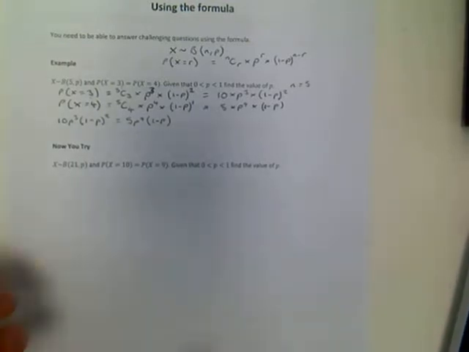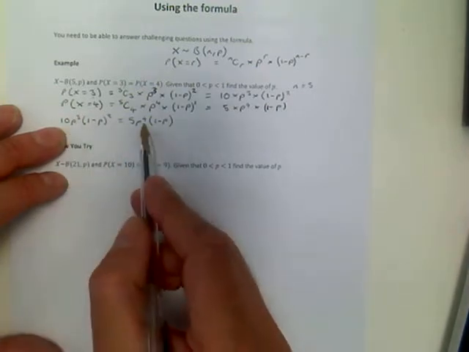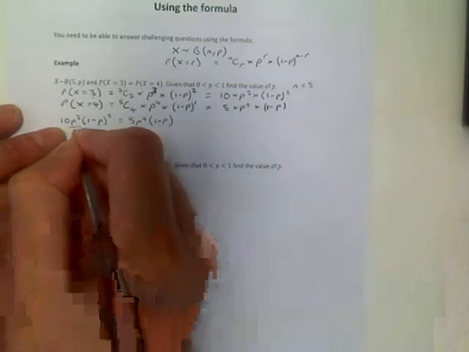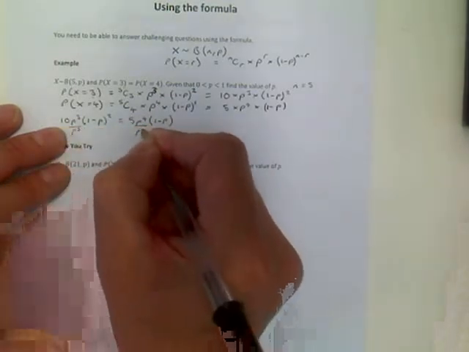Now what I'm going to do at this point is divide through by p cubed, so that's going to give me a p over there. If I divide that by p cubed, then that is going to cancel out. This is going to leave me with a p.